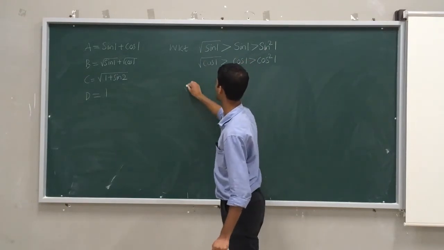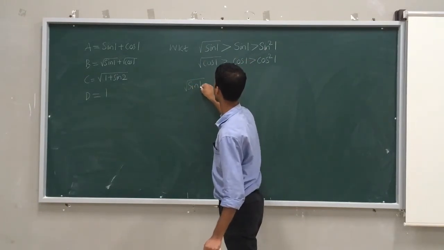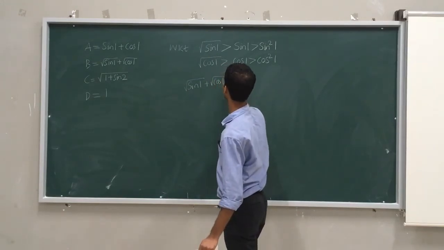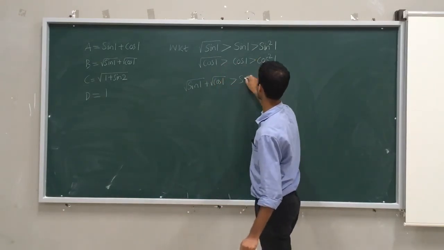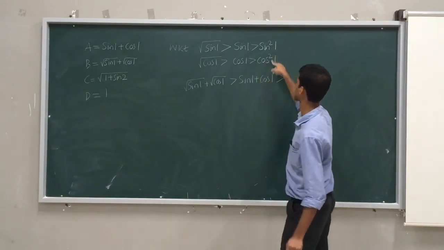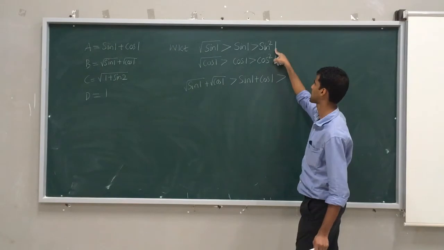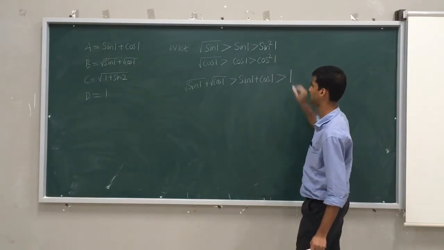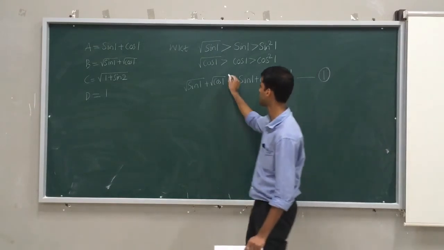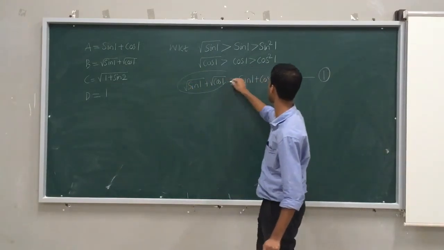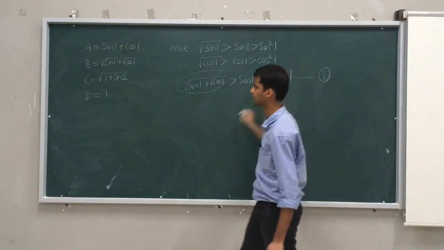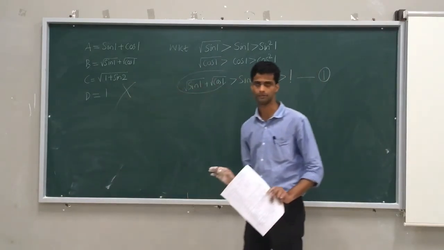So this becomes root sin 1 plus root cos 1 greater than sin 1 plus cos 1 greater than sin square 1 plus cos square 1. It looks like sin square theta plus cos square theta, that is 1. I will call this expression 1. I got to know that root sin 1 plus root cos 1 is greater than 1, which means 1 is least. I want the greatest, so this option is ruled out now.